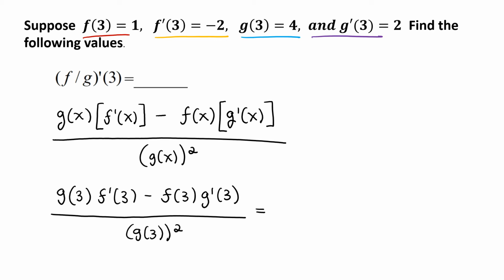So this will be equal to g of 3, which is 4, times f prime of 3, which is negative 2, minus f of 3, which is 1, times g prime of 3, which is 2, all over g of 3 squared, and g of 3 is 4.